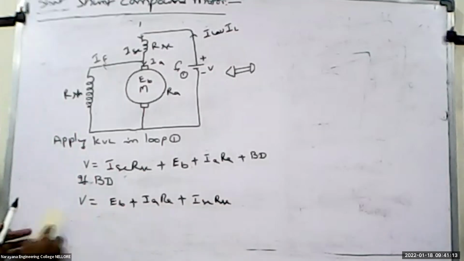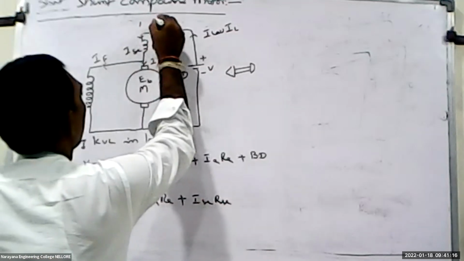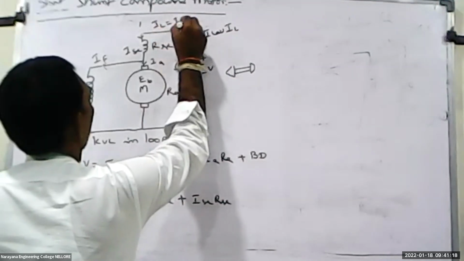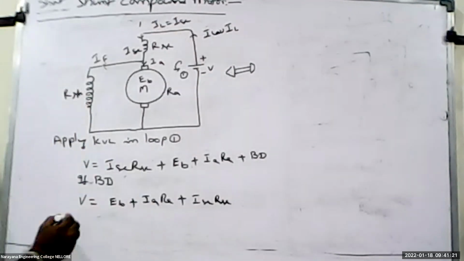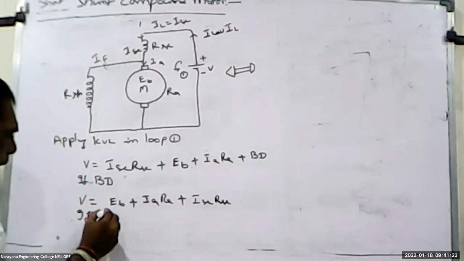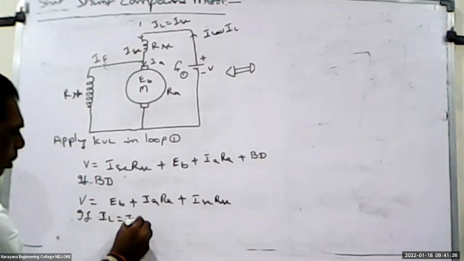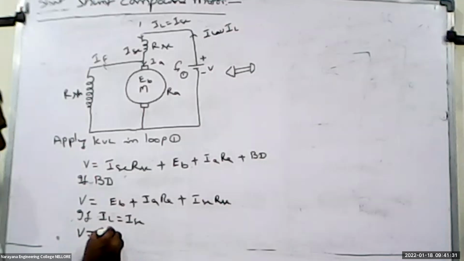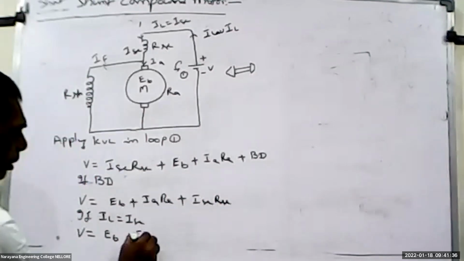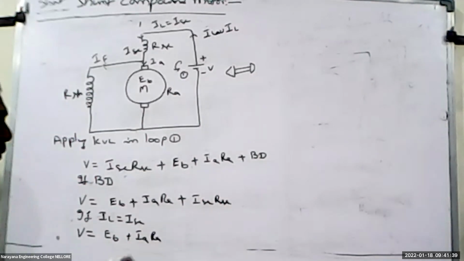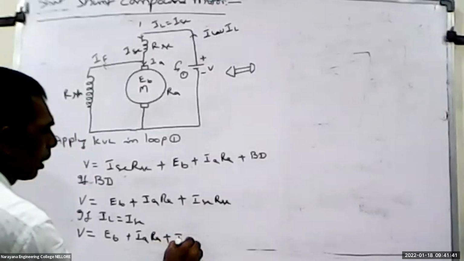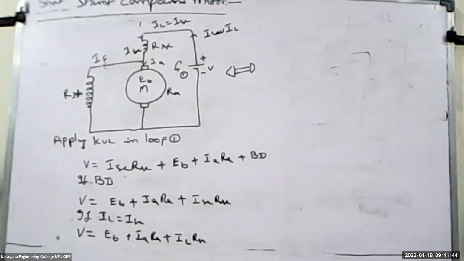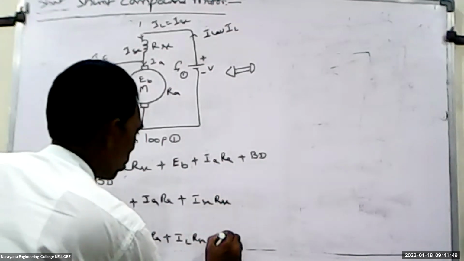So here IL is equal to ISC. So if IL is equal to ISC, then what is the equation? V is equal to EB plus IA RA plus IL RSC. Okay, I will consider this as equation number 1.